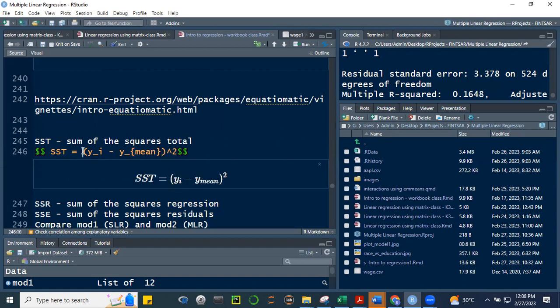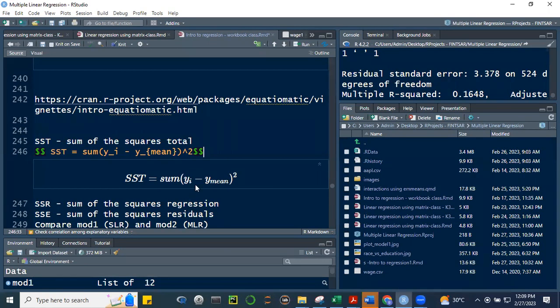Then sum natin. Okay, so take a look at this, class. Yung formula nito, SST is equal to the sum of the squared differences between our actual values and the average. So that's the sum of the squares total.